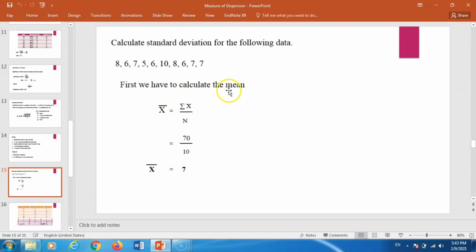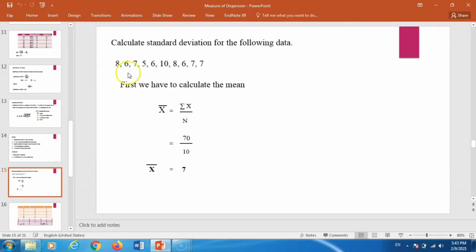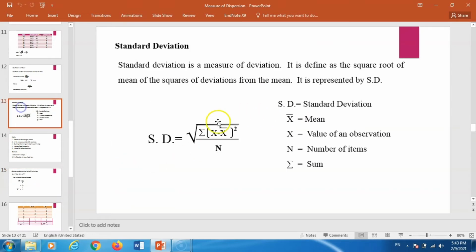First we have to calculate the mean, because as we have seen in the formula of standard deviation, the mean is needed. Here x means our values that are given. We know how many values there are. After that, we have to find x bar, and then we can calculate the standard deviation.